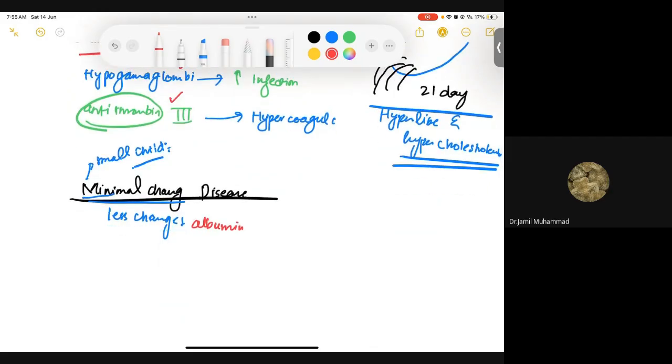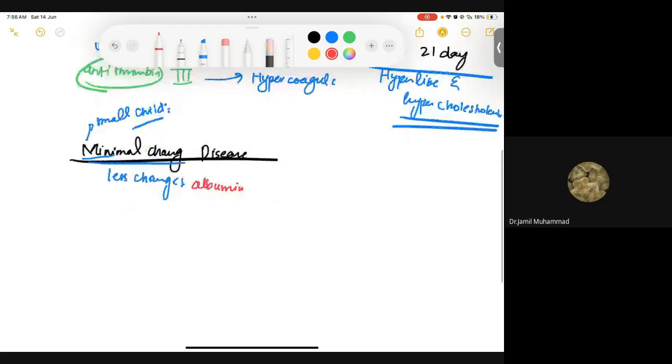So looking towards the name, we have two things in mind: minimal change disease. We are going to have minimal change. Mini stands for children. It's going to be a nephrotic syndrome seen in children, right? The most common cause of the nephrotic syndrome in children.